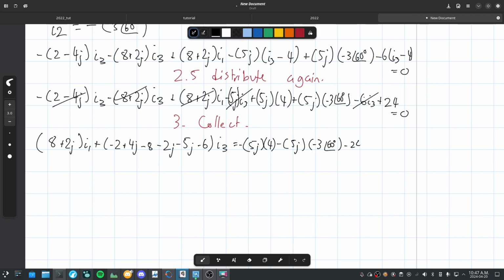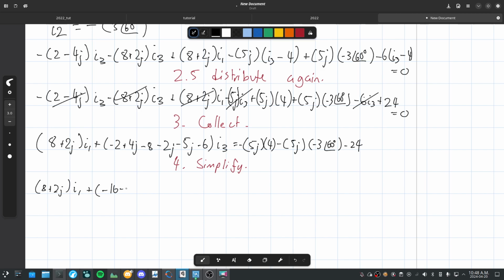Minus 24. And now we simplify. So I1 is already simplified. 8 plus 2j I1 plus minus 2 plus 4j minus 8 minus 2j minus 5j minus 6.